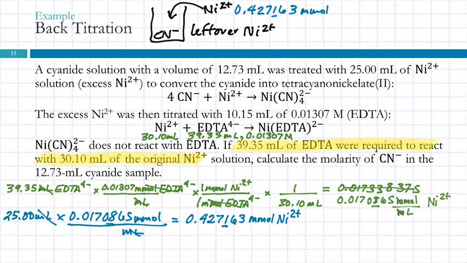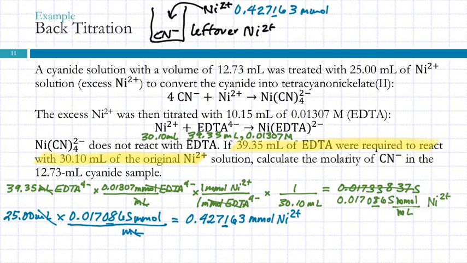So then, how much was left over? What number do we need to figure that out? You just subtract the two. Well, what are we going to subtract?